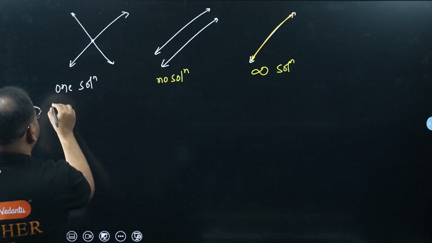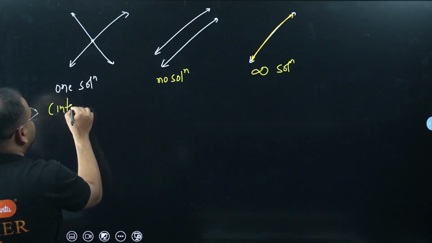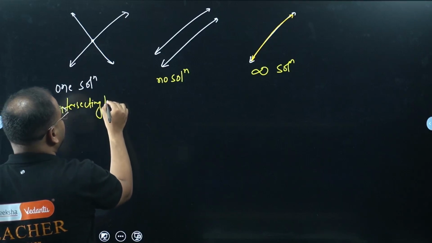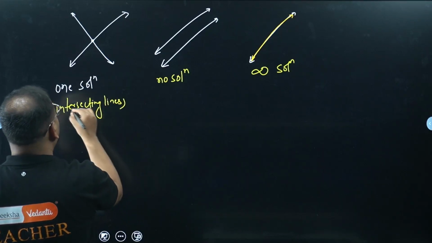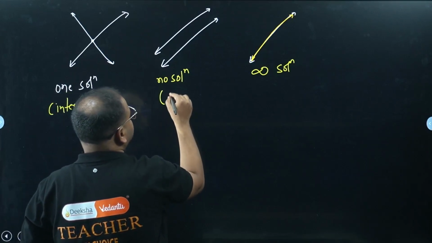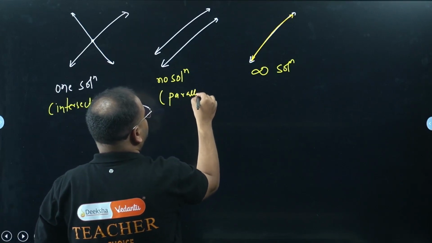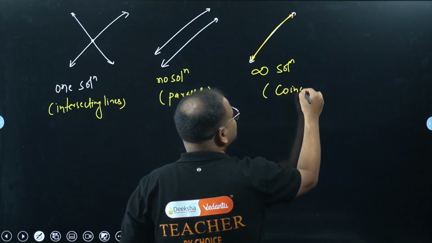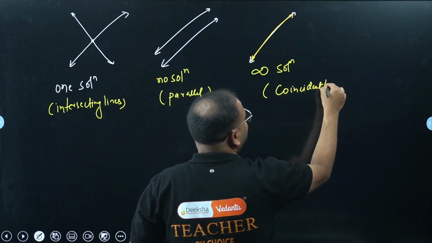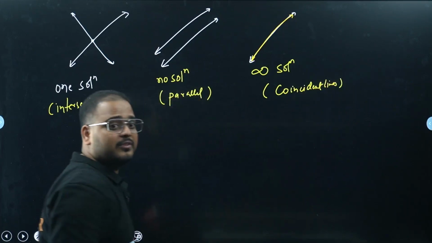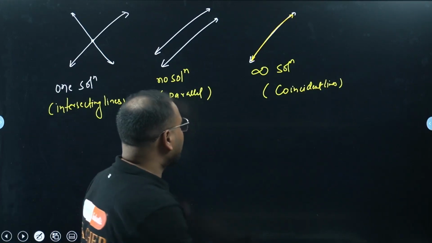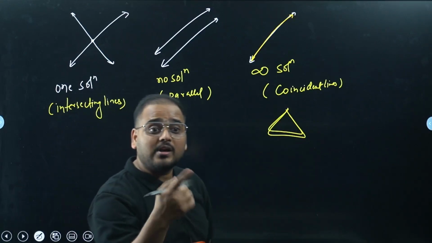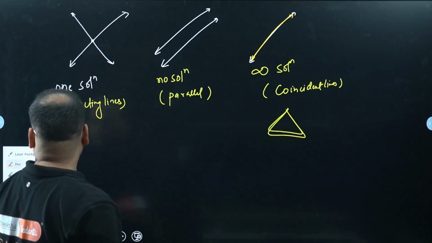What are these called? Intersecting lines. These are my parallel lines, and these are very important: coincident lines. You have heard of this in congruency. Remember, the triangles used to overlap on each other? That was called congruent triangles.